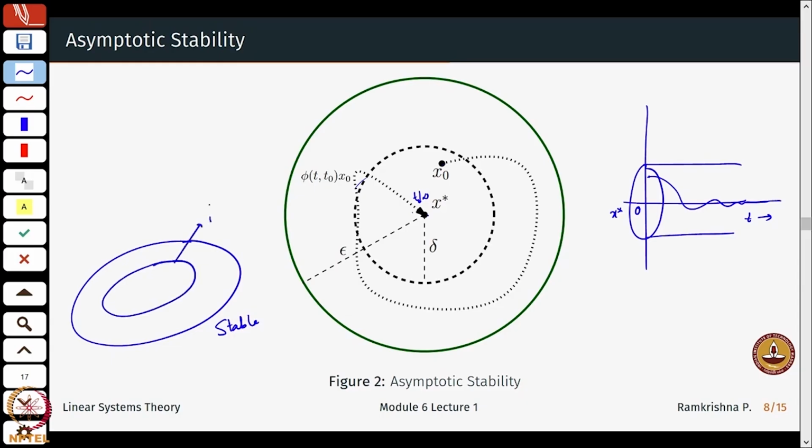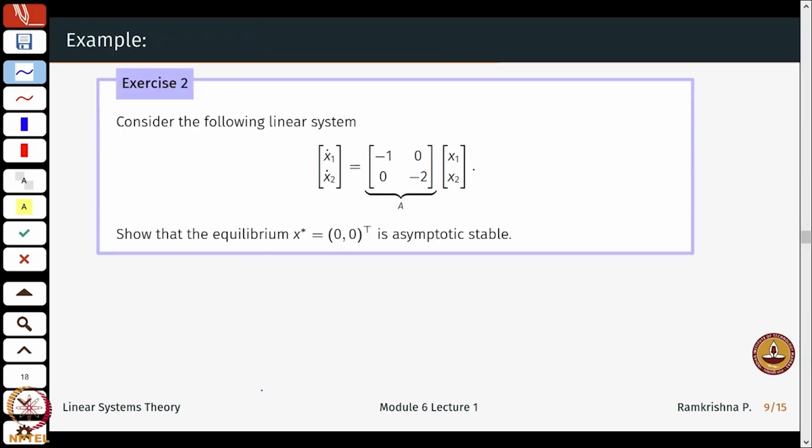So this will be the set of asymptotically stable systems. It's a stronger condition. So all asymptotically stable systems are stable systems, but not all stable systems are asymptotically stable systems. Okay, just a little counter example to that is what we saw just now.